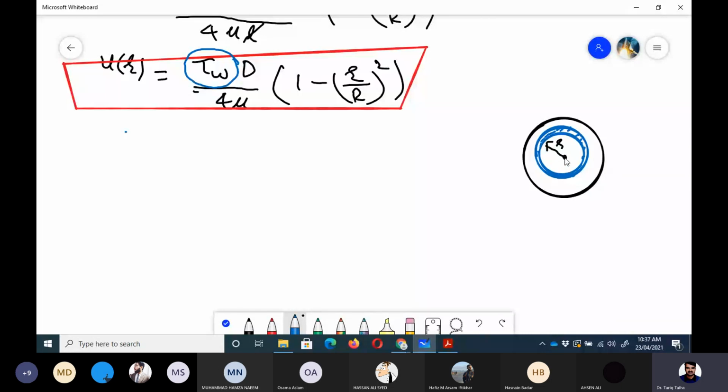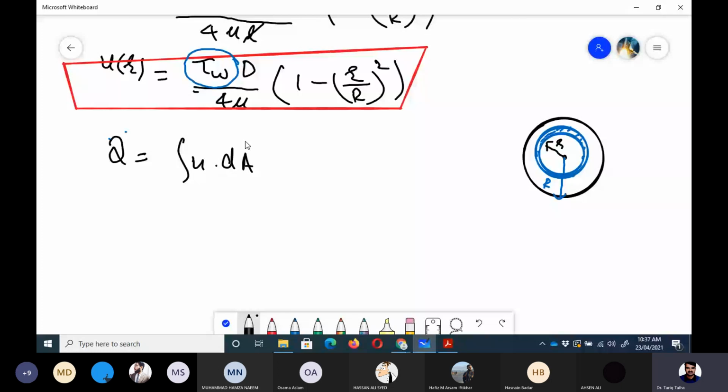Capital R is this. So if I want to calculate Q from the velocity information, I can write Q is equal to U into dA, where dA is the area through which this flow is happening.